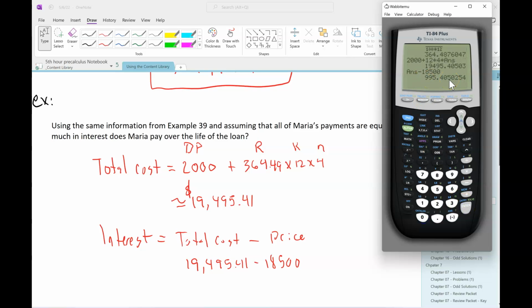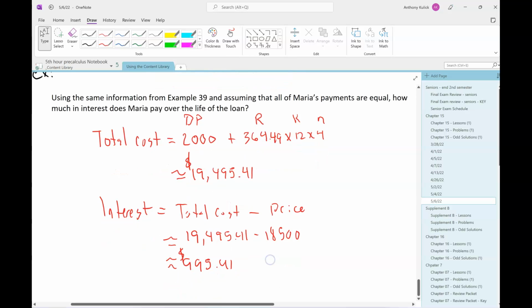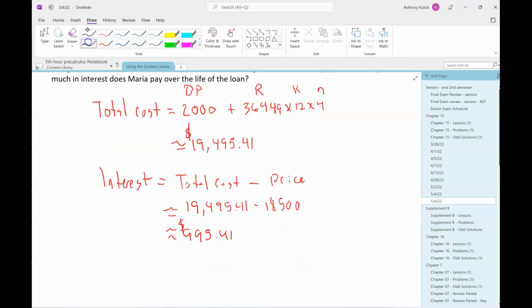So we spent $995.41. Any questions? No? It's pretty simple. It's just like a lot.